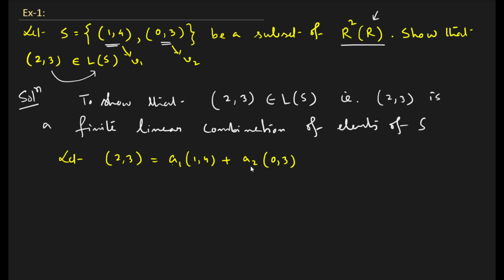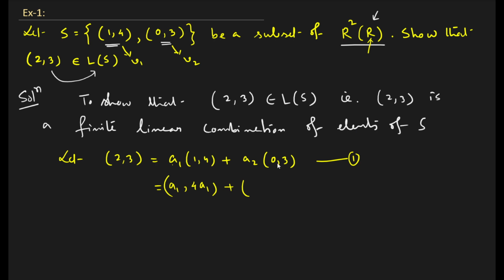So a1 और a2 क्या है, scalar. यहाँ पे जो field है वो क्या है, R. Okay, this is the field. Now if we can show that a1 and a2 are real numbers, तो उसका मतलब है whatever combination we are choosing here, that is correct. तो यहाँ पे हम लोग ले लिए हैं, suppose (2,3) can be expressed as a linear combination of (1,4) and (0,3). So (1,4) and (0,3) are elements of S. Now if we multiply (1,4) with a1, the element is (a1, 4a1), just simply multiply it.